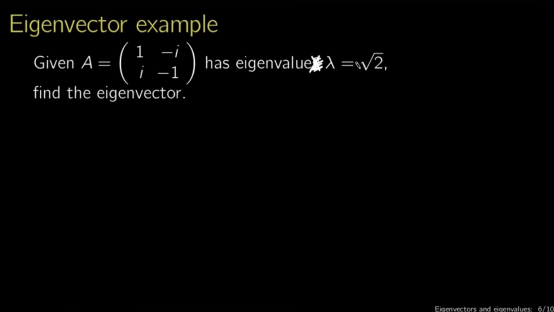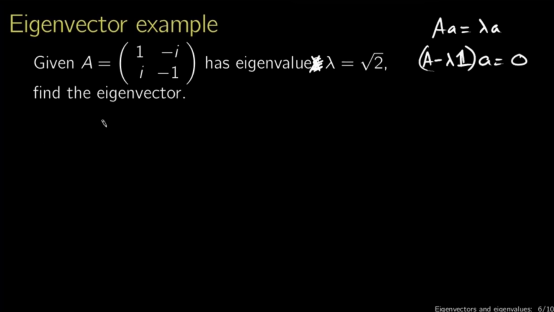Our linear system, as before, A times some vector a equals lambda times a, can be reduced to A minus lambda times the identity matrix times a equals 0. So let's just write our system like this. We have our matrix A minus lambda, which we now know is the square root of 2.